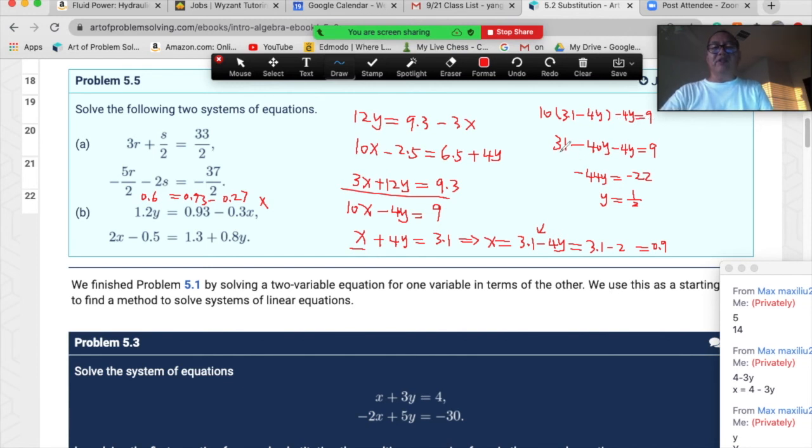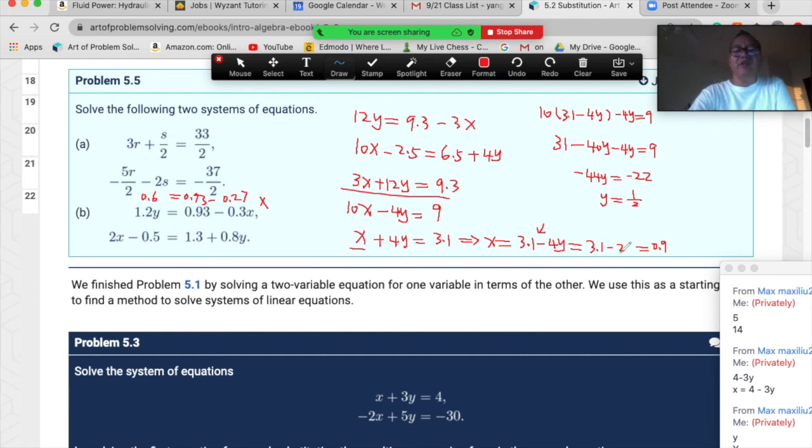So this one gives us 31 minus 40y minus 4y equals 9. So this one 44y, both sides minus 31, that's negative 22. Yeah, that's right. Then this one equals 1/2. This is correct. Then plug back to here.